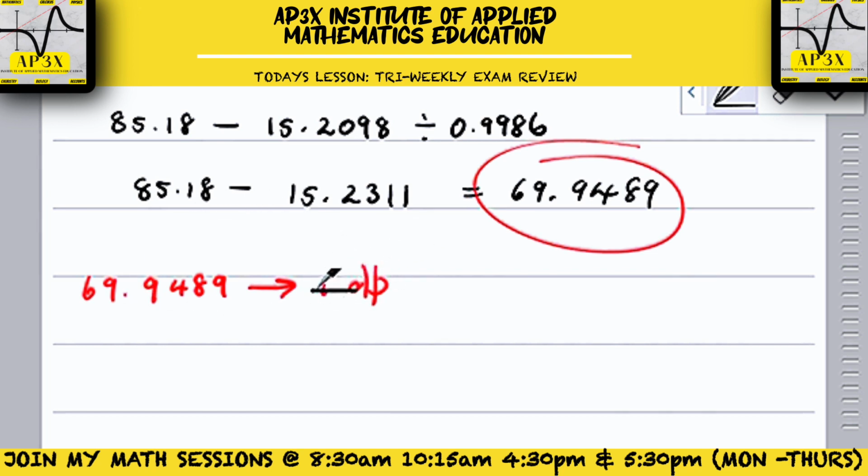So we're looking to bar off the number at the first decimal place, and you'll see here that 9 is the digit that holds the first decimal place. We're going to be drawing a vertical line here, and we're going to be checking the digit that comes after. Say here that it is 4. Now once the digit that comes after is less than 5, we're just going to simply ignore those digits and just rewrite what is left. So it is 69.9. That's our answer.